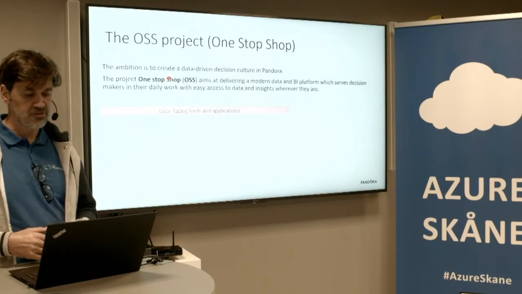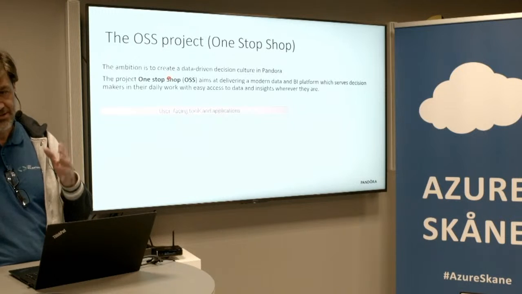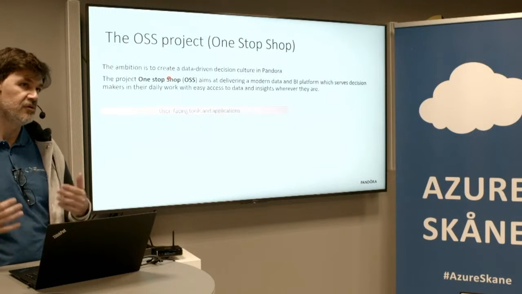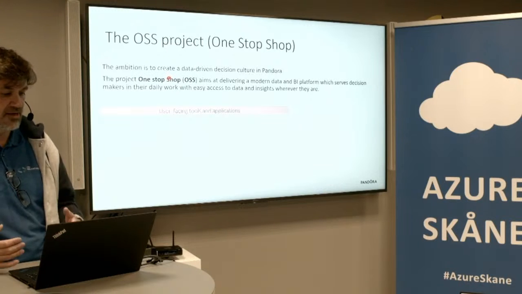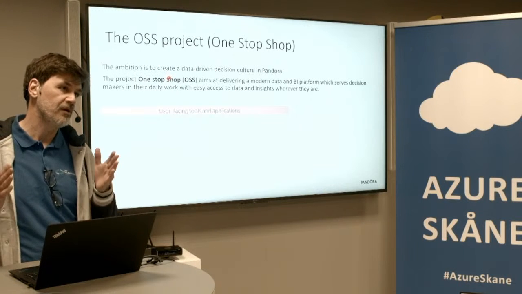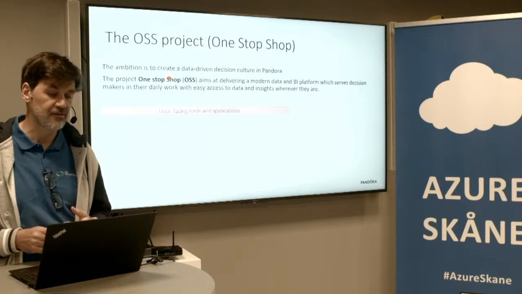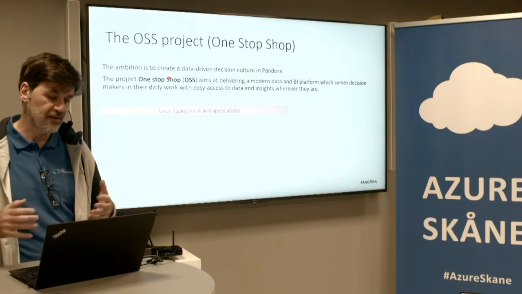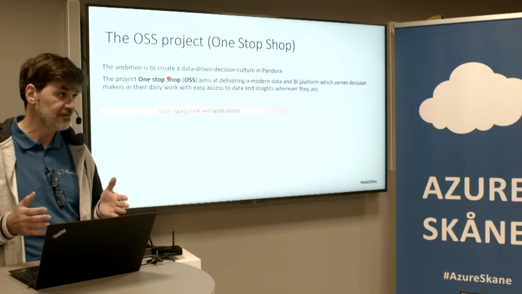So we started this project One Stop Shop, meaning one single point of entry and one single point of truth for all our data, and for delivering what is called an enterprise data model, meaning data that is certified and trustable.